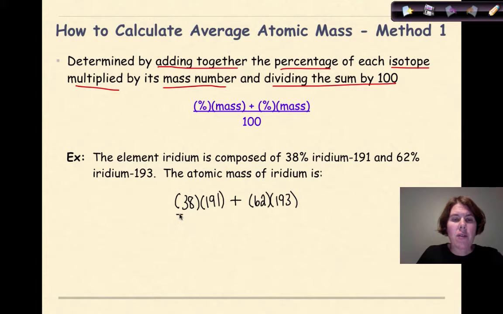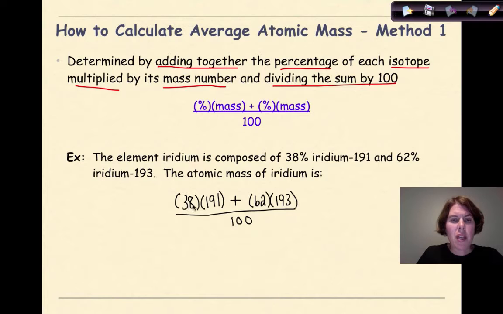And then I'm going to divide the whole thing by 100. So I haven't done anything fancy to the numbers up here. I've just taken the percentage times the mass plus the percentage times the mass, divided by 100.